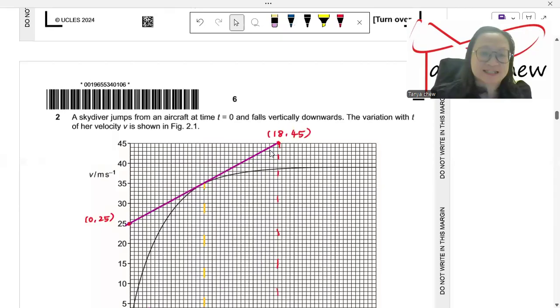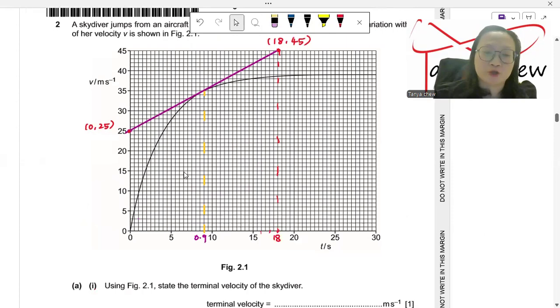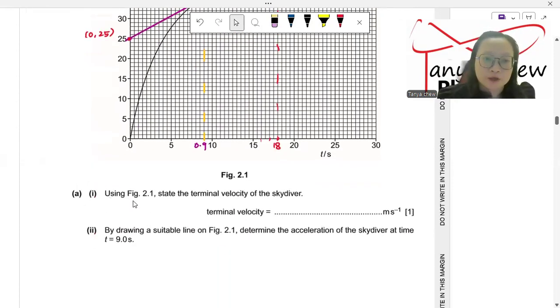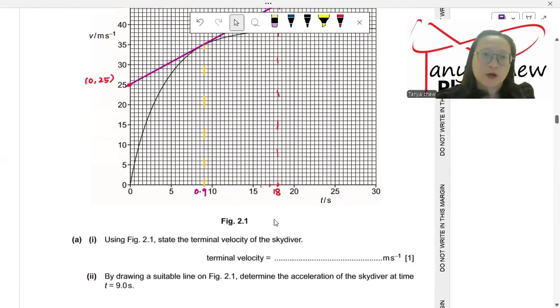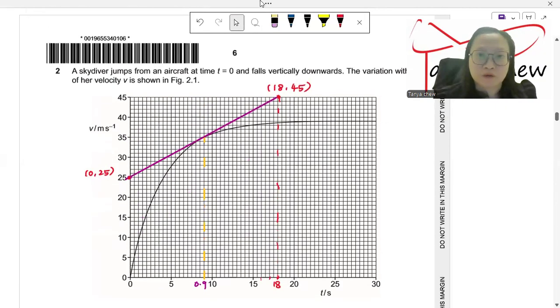Second question, a skydiver jumps from an aircraft at time t equal to 0 and falls vertically downwards. The variation with t of her velocity v is shown in Fig 2.1. Part 1, using Fig 2.1, state the terminal velocity of the skydiver. Now, what is terminal velocity?